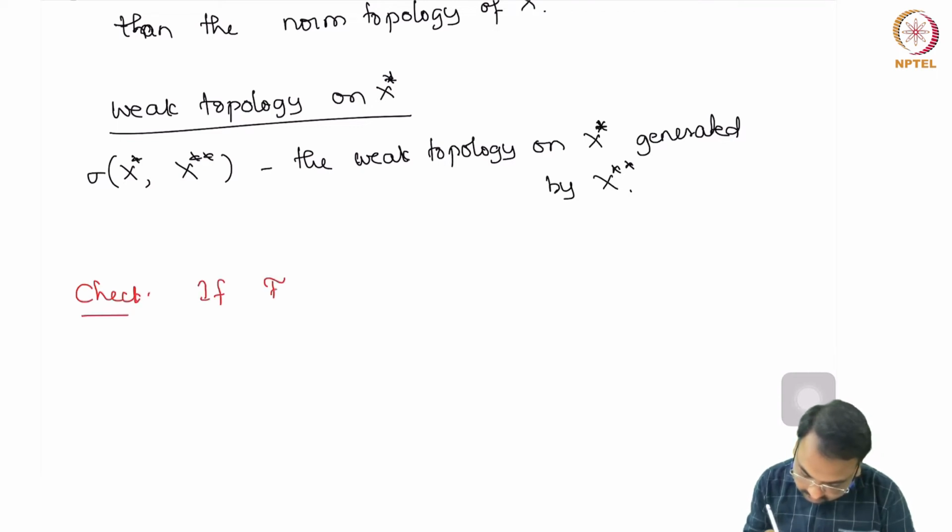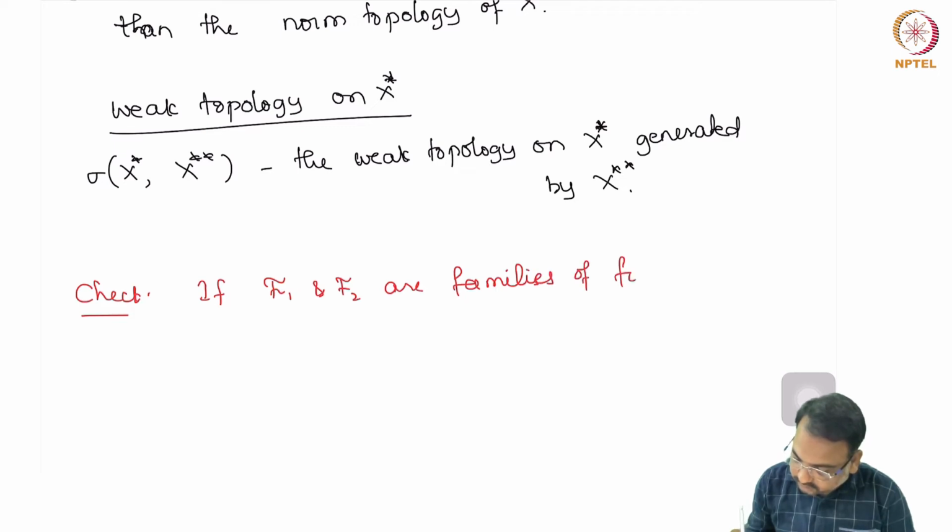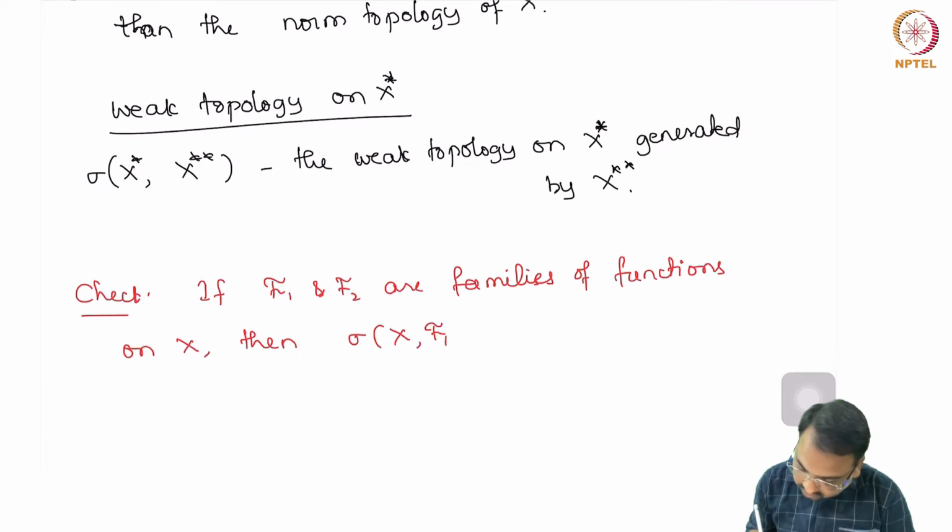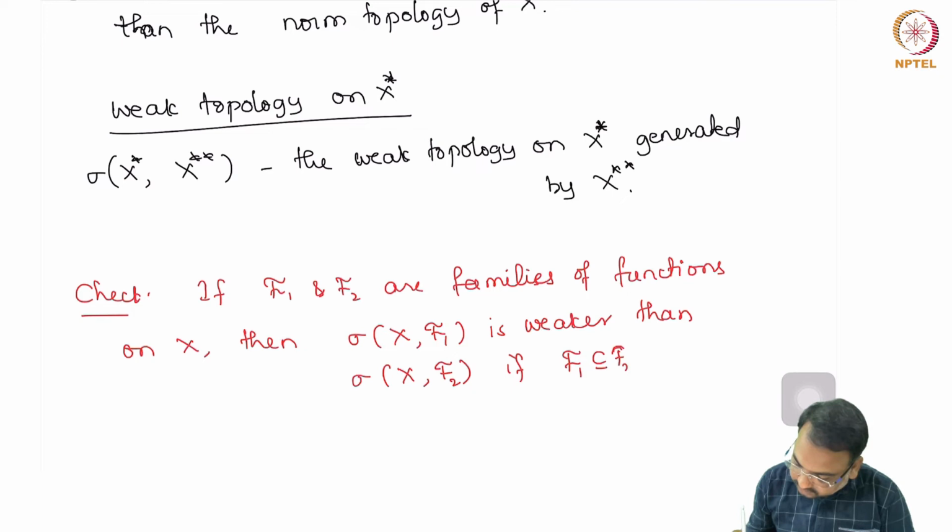If F1 and F2 are families of functions on X, then we can show that sigma(X, F1) is weaker than sigma(X, F2) if F1 is contained in F2.